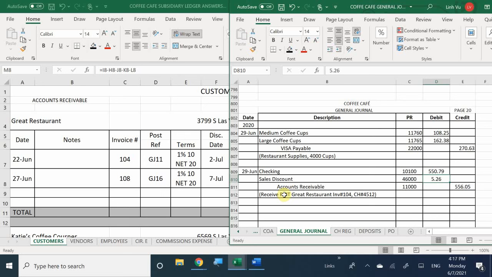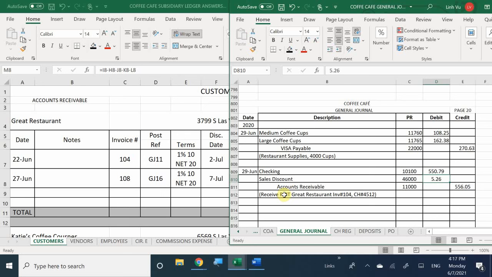Because at the end of the day, that's exactly what we're going to record. And if they sent us too much, we would have to do an adjustment journal to ship them back the discounted amount because they're supposed to take the discount. Either way, the accounts receivable is going to be 556 and 5 cents.